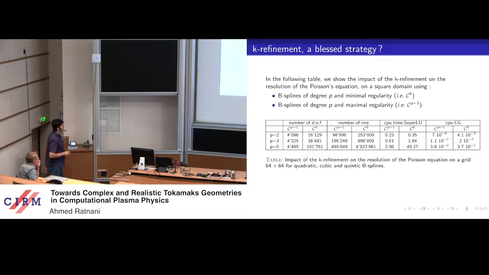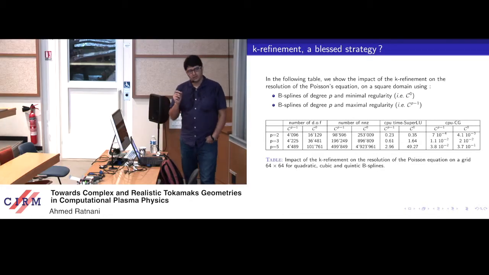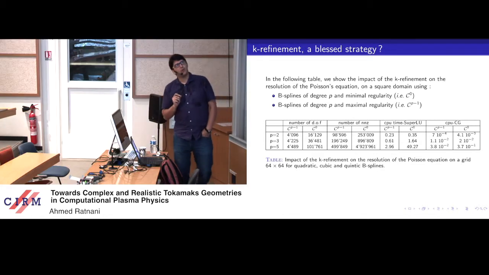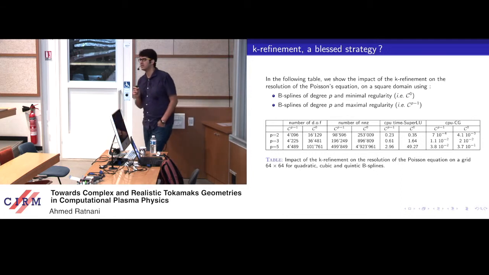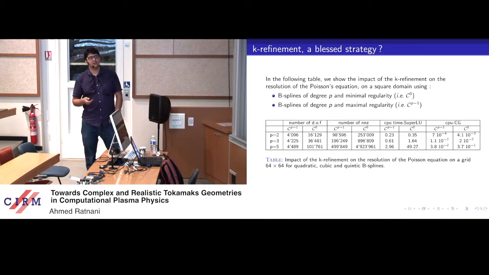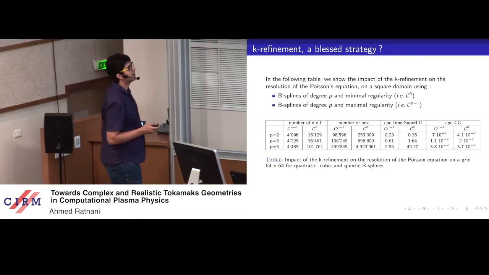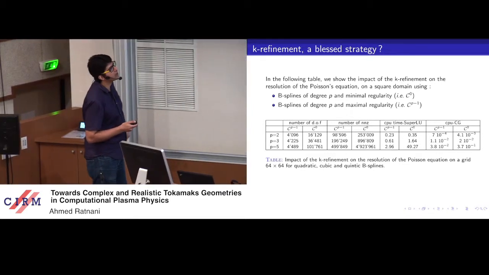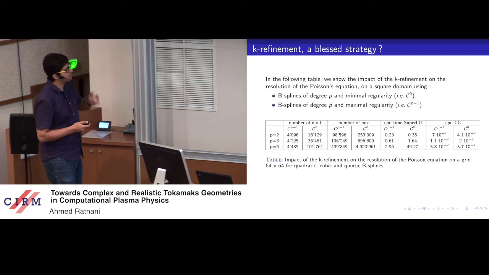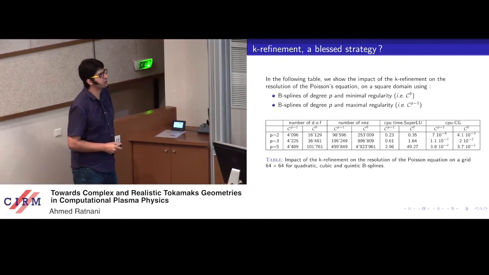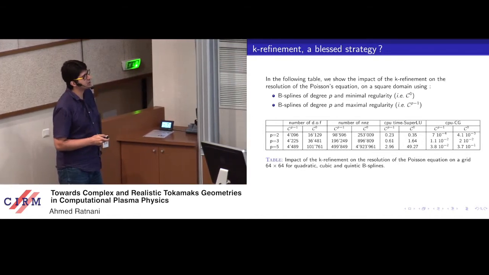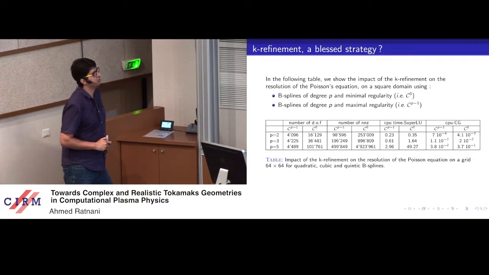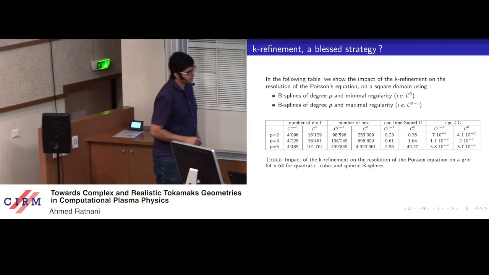So here my point was, I want to compare for the same accuracy, what is the best regularity? Is there any difference between using higher regular elements or lower regular elements? For the same, equivalent accuracy, we see that the time consumption for regular elements is better than the C0.